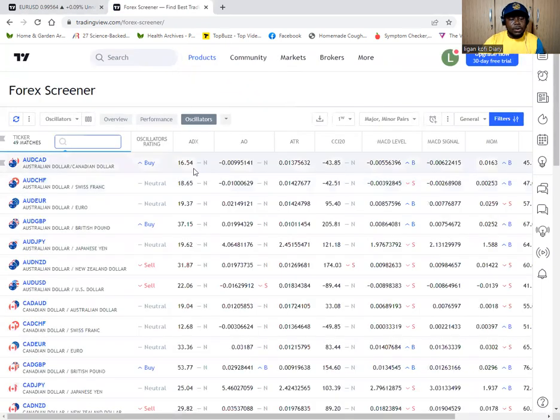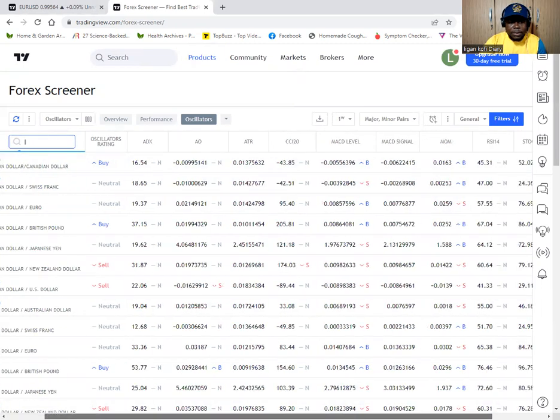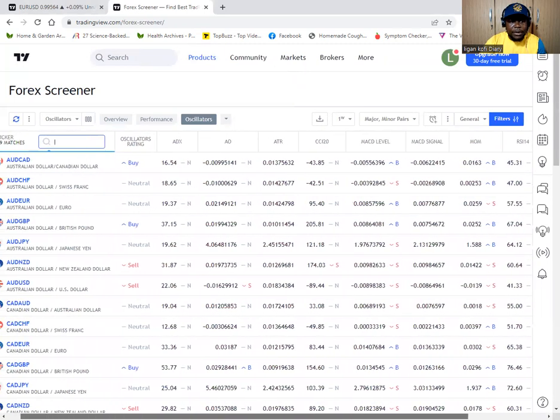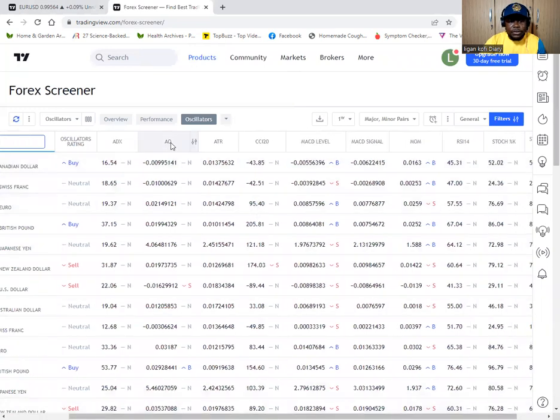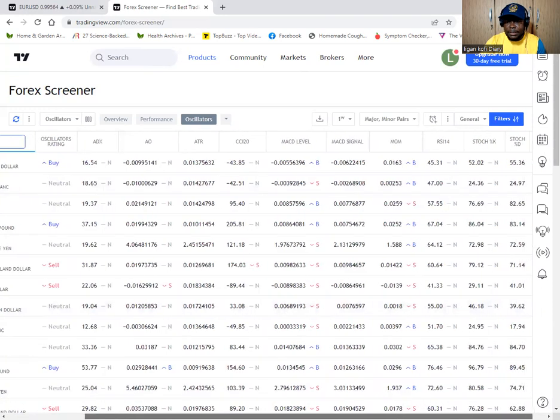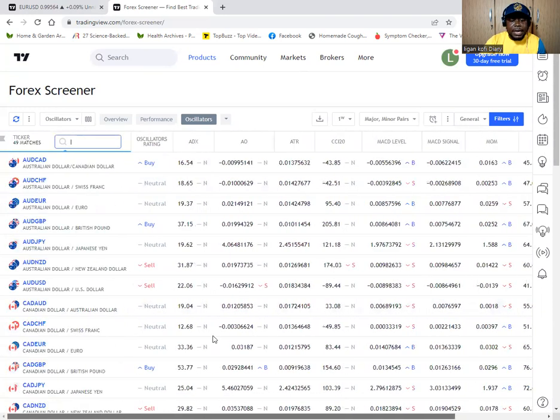Okay, it's loading. So like I was showing you, the AUD card, how many indicators has screened only AUD card? We have 1, 2, 3, 4, 5, 6, 7, 8, 9, 10. Ten indicators, which are all oscillator indicators, have screened the market.